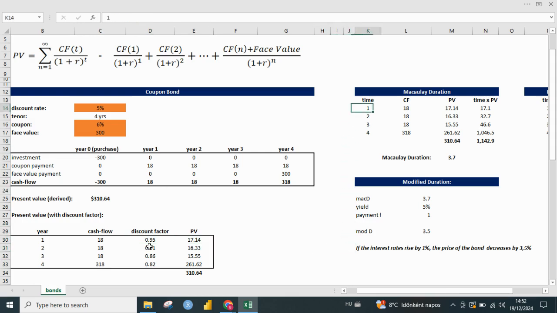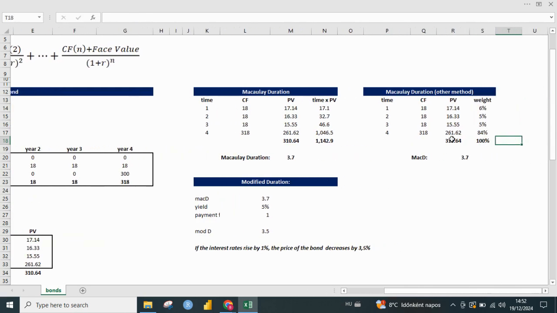As I have said, I've just linked it here again, so you can see it's 1555, then it's about 200, and we add them up, then we will get the same result. So this is basically the present value of the bond, so nothing new so far.